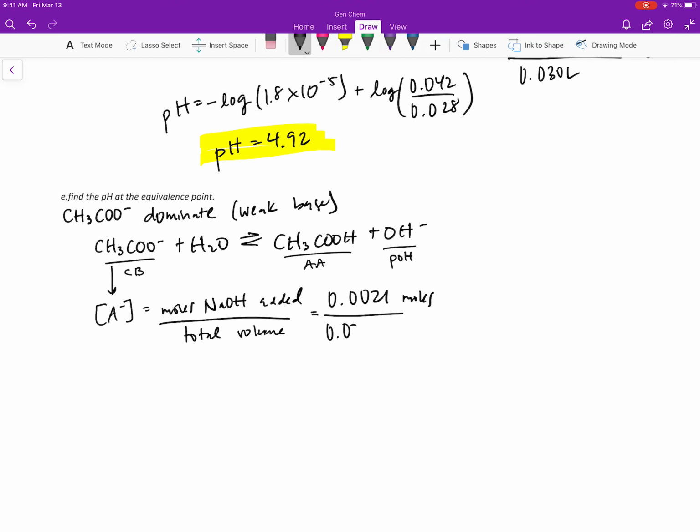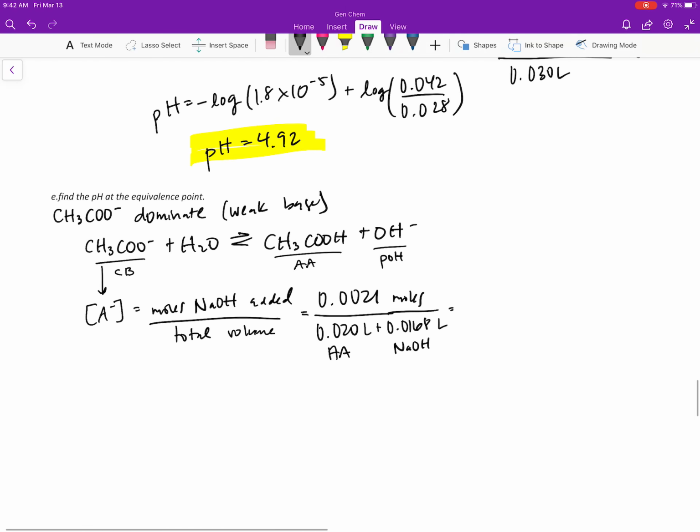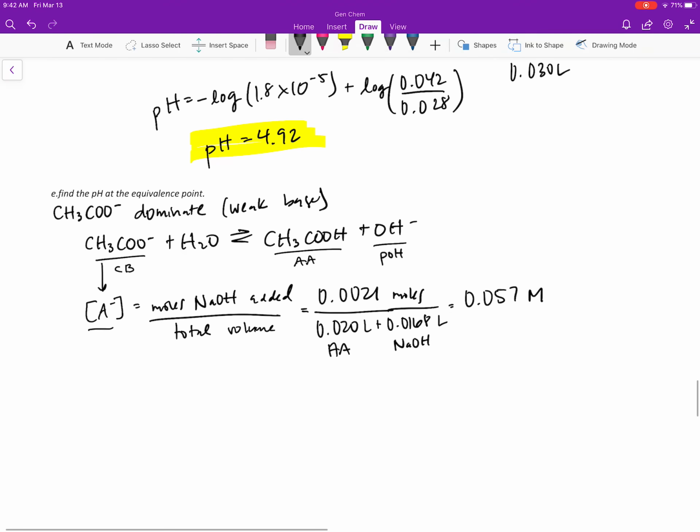I started off with 20 milliliters of the acetic acid, and I've added 16.8 milliliters of NaOH, so that's my new volume, and I get a new molarity of 0.057 of my A minus.